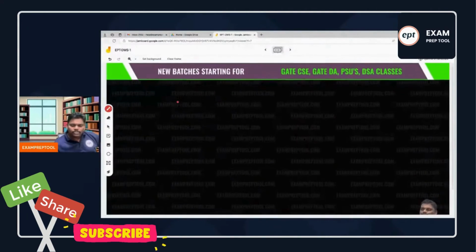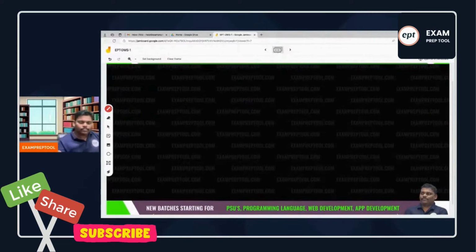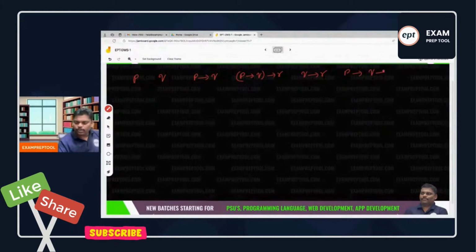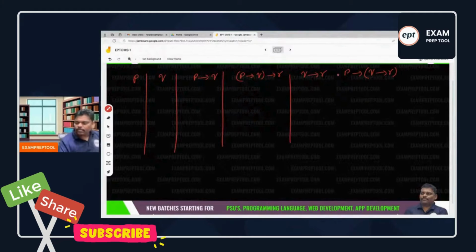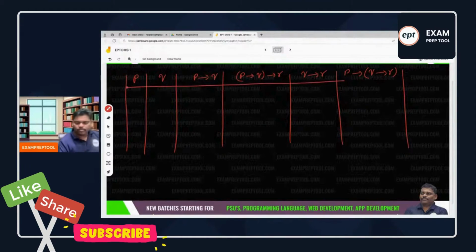Can everyone see this? P, Q. P implies Q. P implies Q, implies R. Q implies R. P implies Q implies R. What it means, let me explain one time.